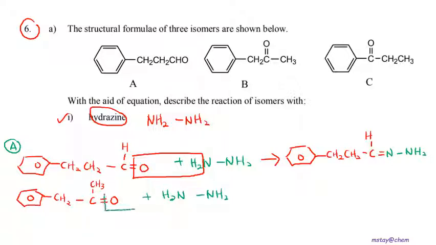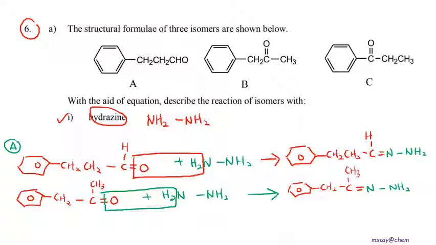So the O and the hydrogens will be taken out, eliminated, and this is the product that is going to form. Benzene ring connected to CH2, CH3 double bond, and then connected to nitrogen. So this is for B.